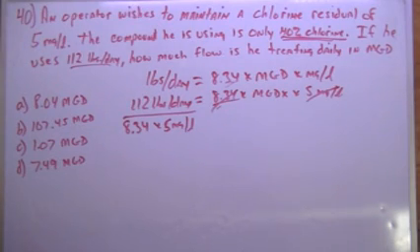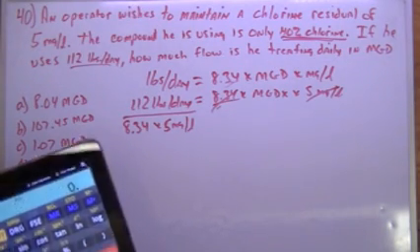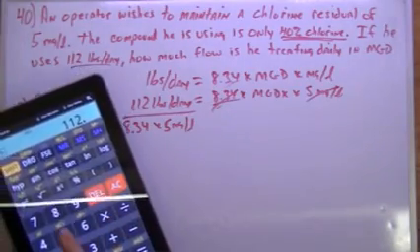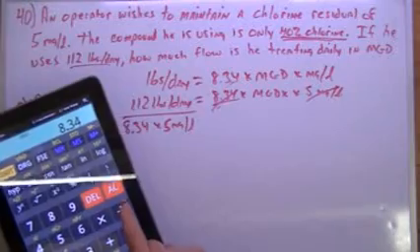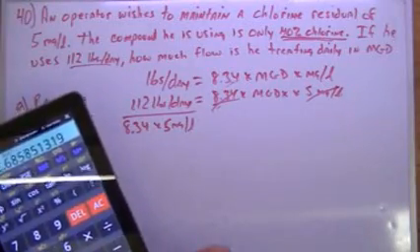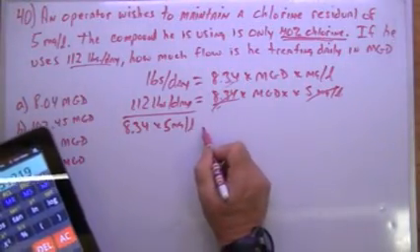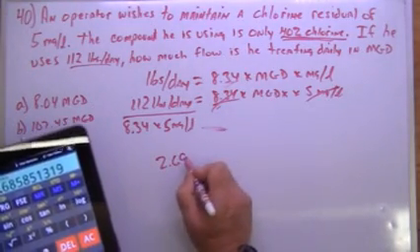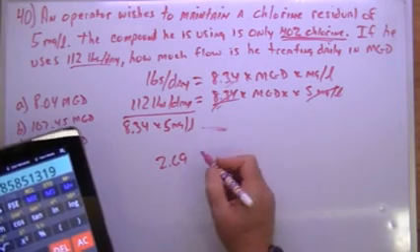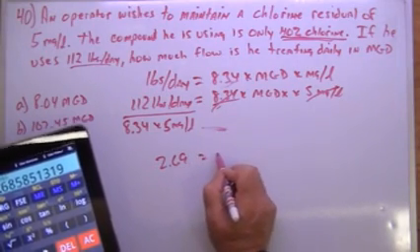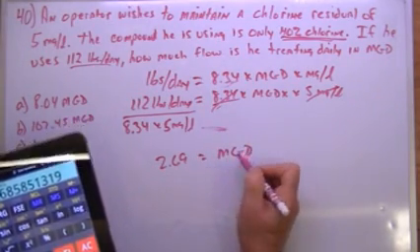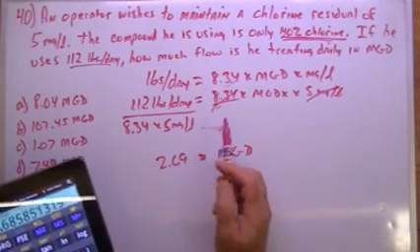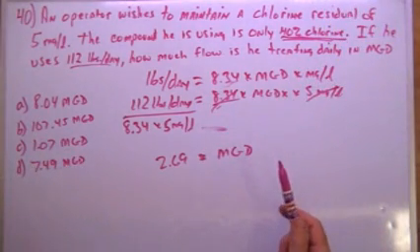What do I have? 112 divided by 8.34 divided by 5, and that's going to give me 2.69 equals MGD. That's what I'm left with over here.